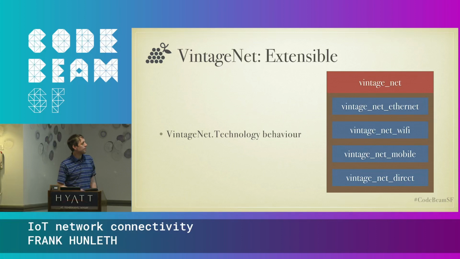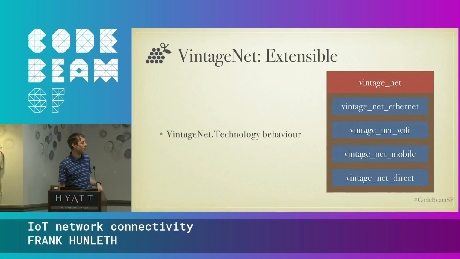All right, and then the extensible part. VintageNet by itself doesn't know how to do any networking. There are other projects, and you can kind of get a feel for them there. The current ones on the website are Ethernet and Wi-Fi, which I think are self-explanatory. Mobile is under development. It supports a couple of LTE modems, and if you happen to have those, it'll probably work out of the box.